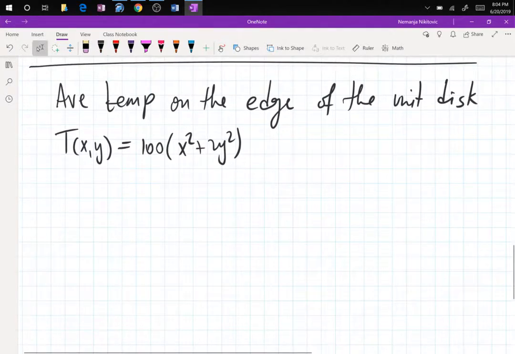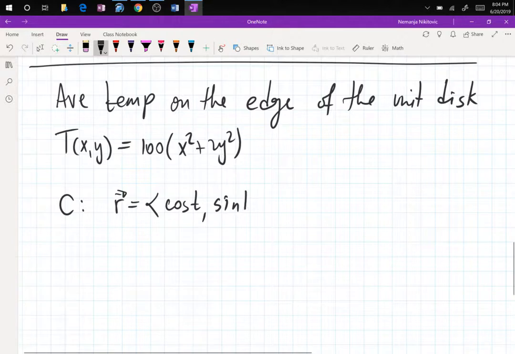Now we already know that our C is parametrized as cosine t, sine t, and we already calculated that the magnitude of r prime is equal to 1. We did that in the last problem, so we don't have to run through all the calculations again.